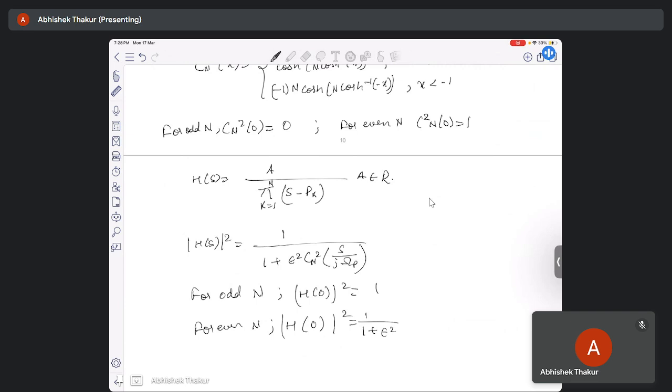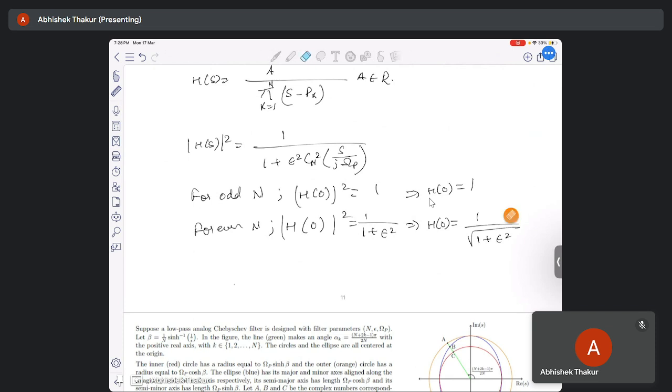And for a real filter, the impulse response is real, hence H of 0 will be real. In addition, we assume that H of 0 is greater than 0. Hence, we shall have H of 0 equal to 1 for odd n, and H of 0 equal to 1 by square root of 1 plus epsilon squared for even n.